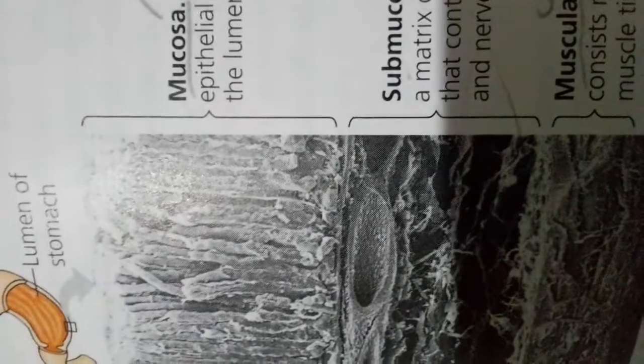External to the muscularis is the serosa, a thin layer of connective and epithelial tissues. Notice the mucosa, submucosa, muscularis, and serosa.